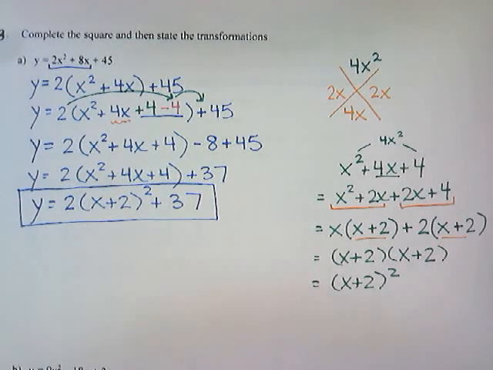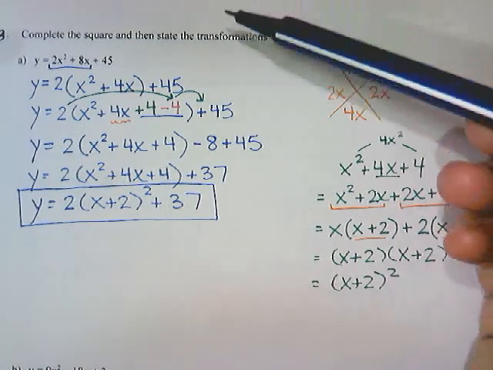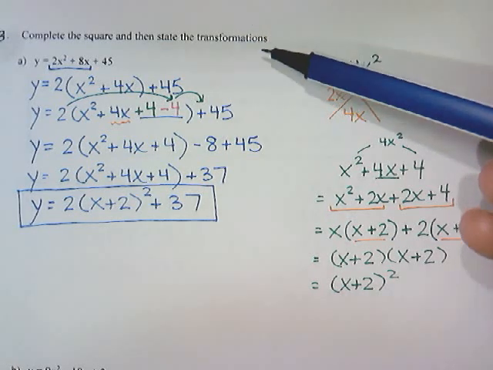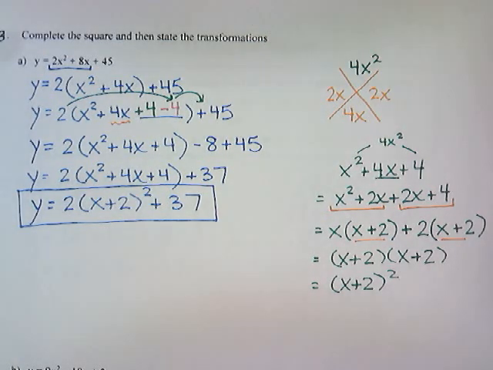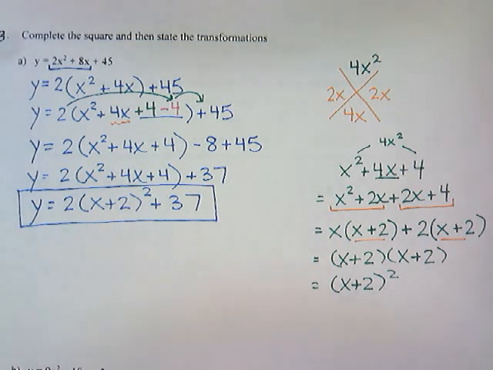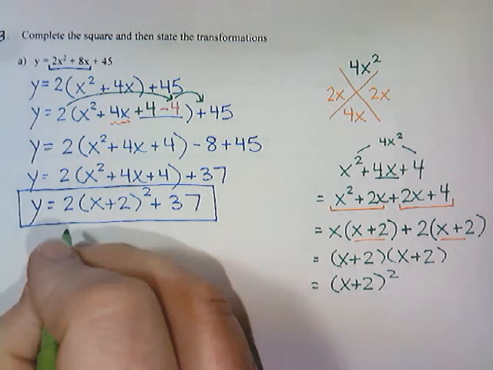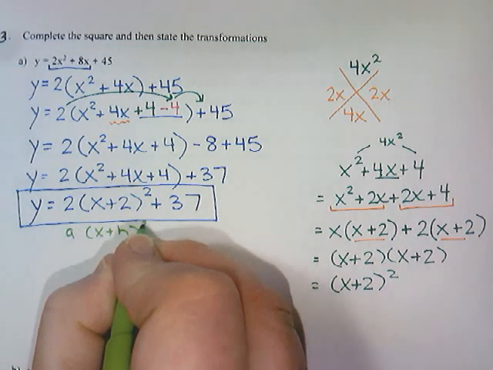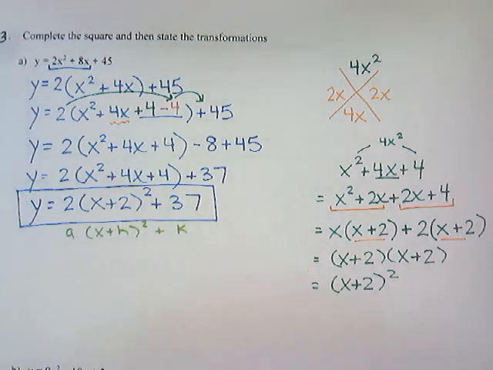Why is vertex form helpful? It's really good for graphing by transformations. And it did in the question ask me to state the transformations. So we're going to try to remember what each of these things does. This would be my A, and then x plus h squared plus k.